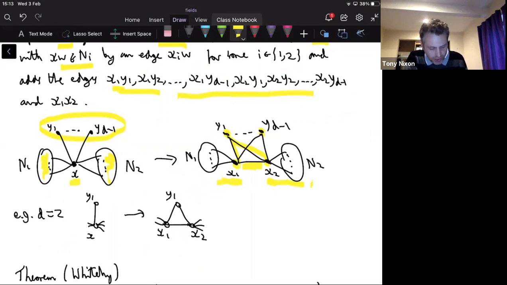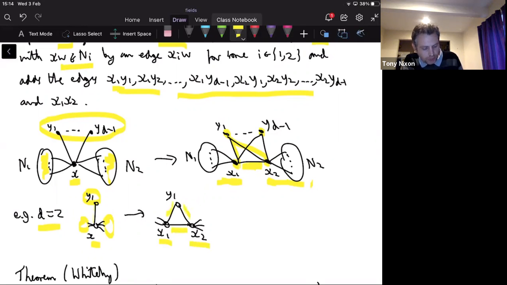but just to say it again, let's take the two-dimensional case. Here, your d-1 for your Ys is just 1. So you have X, you pick one special neighbor, and then you partition the other neighbors into two sets in some way. You split X into two vertices, X1 and X2. X1 and X2 are adjacent. They're both adjacent to Y1.